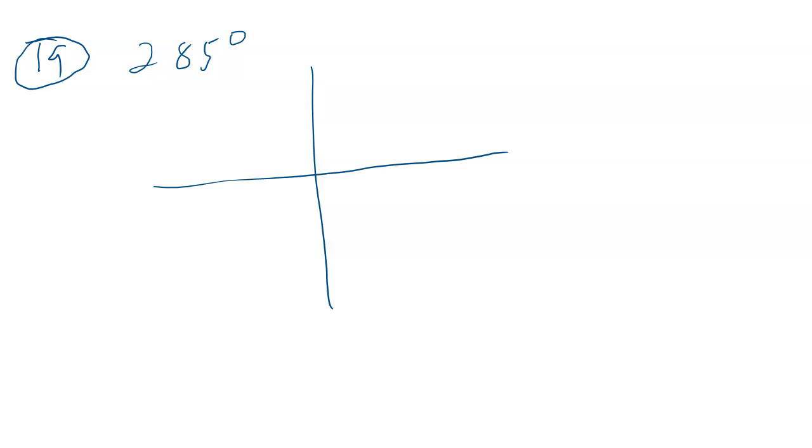19, 285. So we have 285 degrees. I'm going to draw it. Here's my angle or initial side, standard. Go to 285. 285 is going to be over here. This is 270, and this is 360. And just remember, our reference angle is the angle between the terminal side and the x-axis.